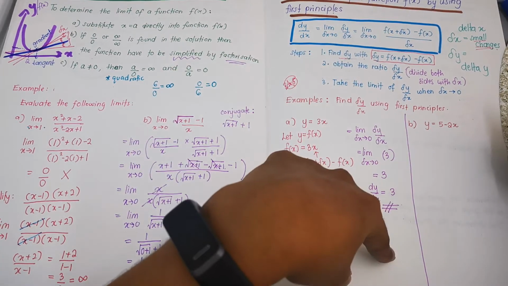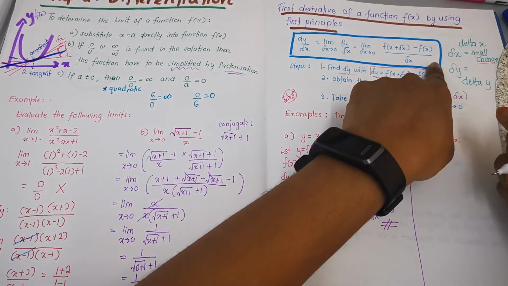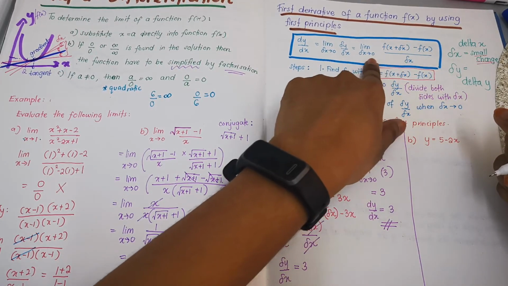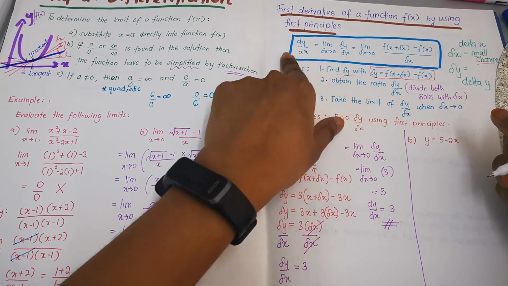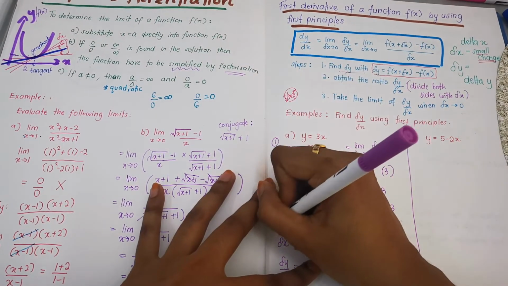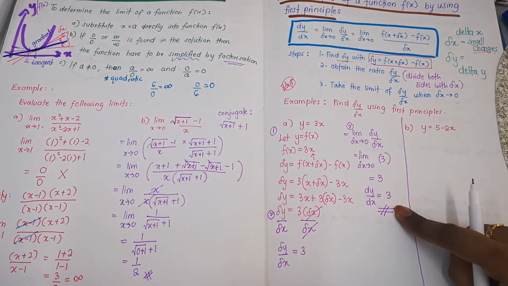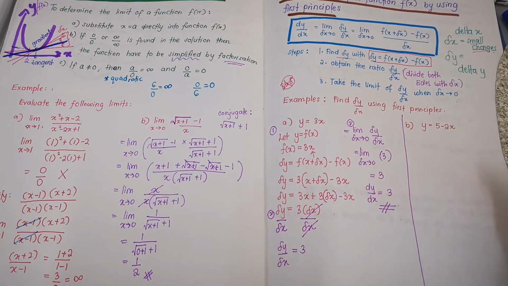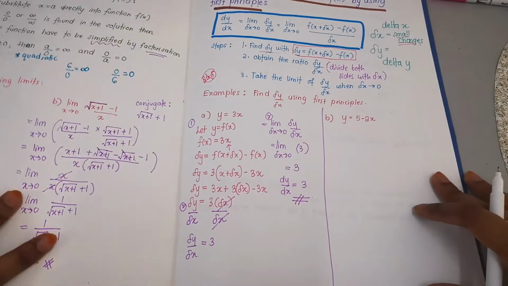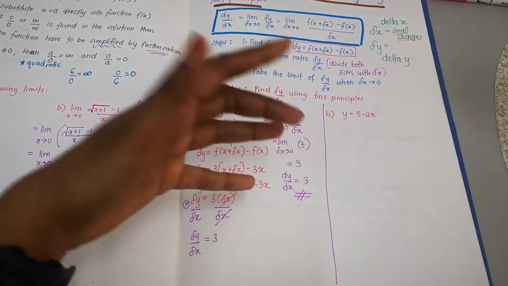This is what we are actually finding, but we worked from the back: find delta y, then the ratio, then the limit, and this is the dy dx. First step, second step, third step, already found.